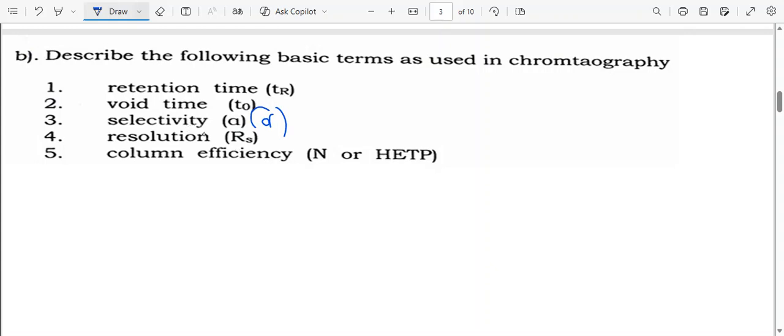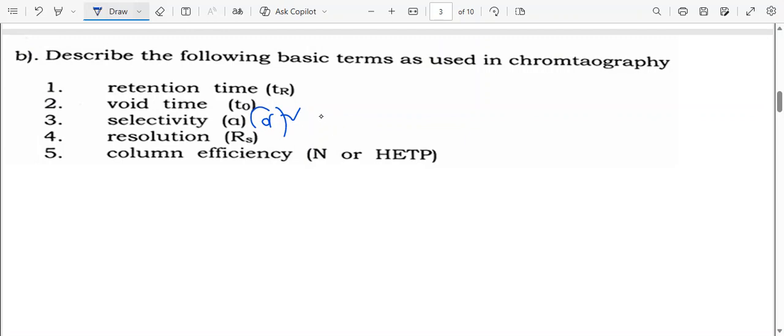So let's talk about the selectivity factor, just selectivity. This selectivity measures how well two compounds can be separated.